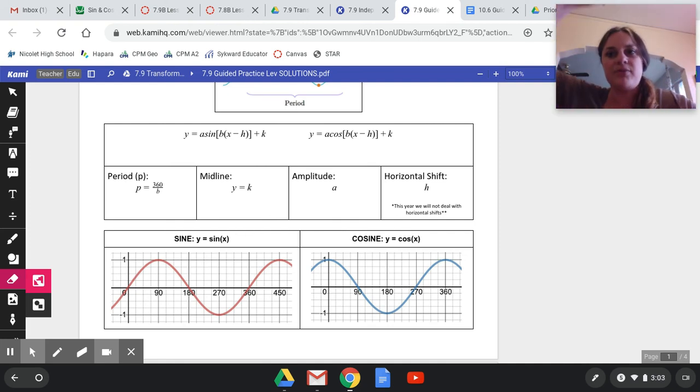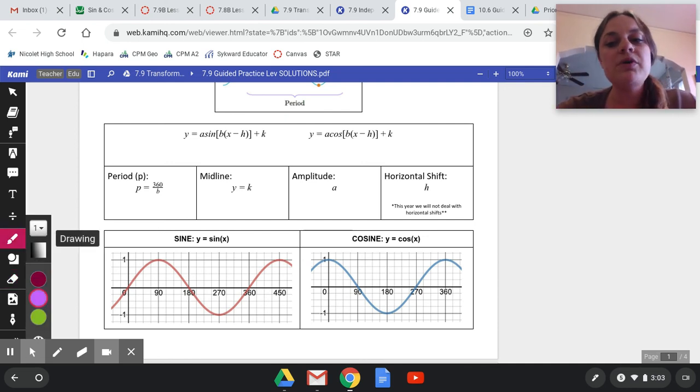The amplitude is how much it is stretched. And then this B value is a new variable. You can determine the period by taking 360 divided by your B value, which is your multiplier inside the parentheses, okay?